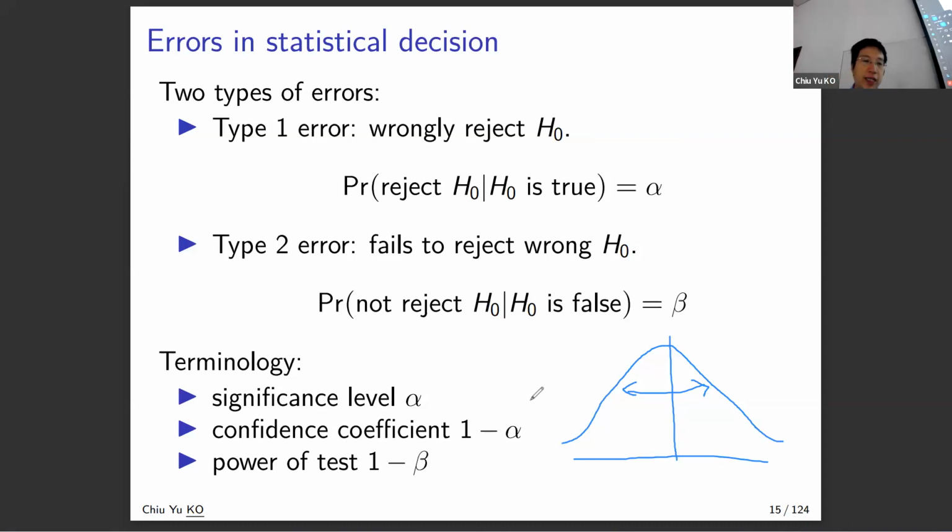If you use a two-sided test, that will be the region within which we say the hypothesis is supported. That's the acceptance region. And if what we found is too different from 250, then you would reject.